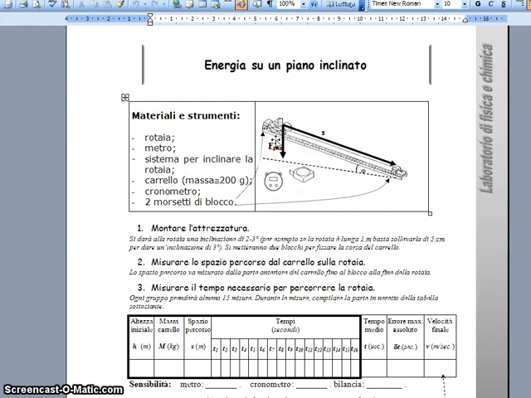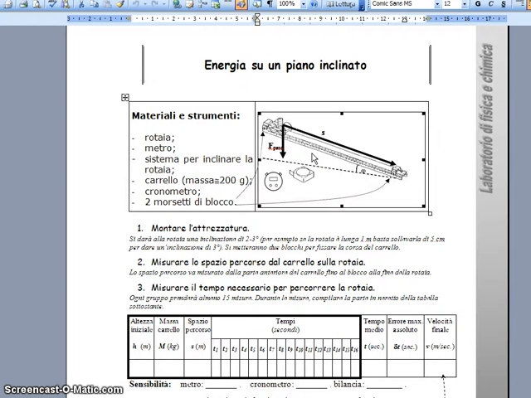Okay, in this case we can try to experimentally demonstrate that the initial gravitational potential energy will be equal to the final energy, or to the kinetic energy that we have at the end of the experiment.